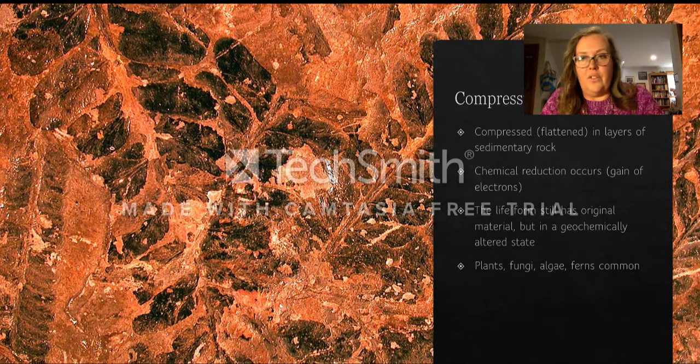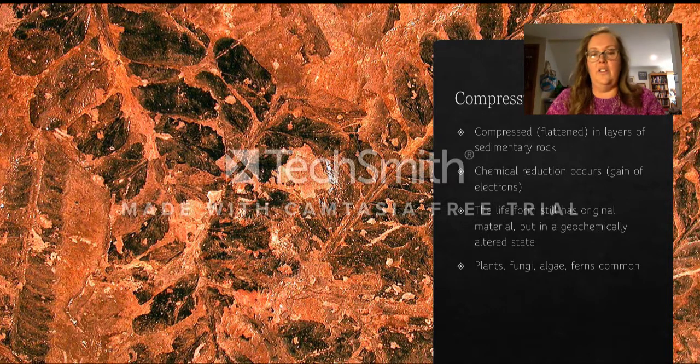In an actual fossil in the natural world, it's compressed or flattened in layers of sedimentary rock, and then chemical reduction occurs, which is actually a gain of electrons, but that chemical reduction will geochemically alter that once living form.